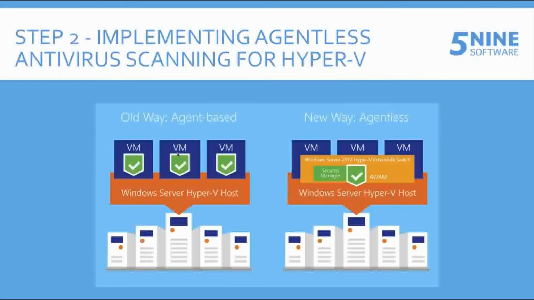So moving on, besides the virtual firewall, step number 2, in my opinion, is to implement agentless antivirus scanning for Hyper-V. So if you want to protect your virtual infrastructure in security layers, you've got a virtual firewall that's protecting the network.